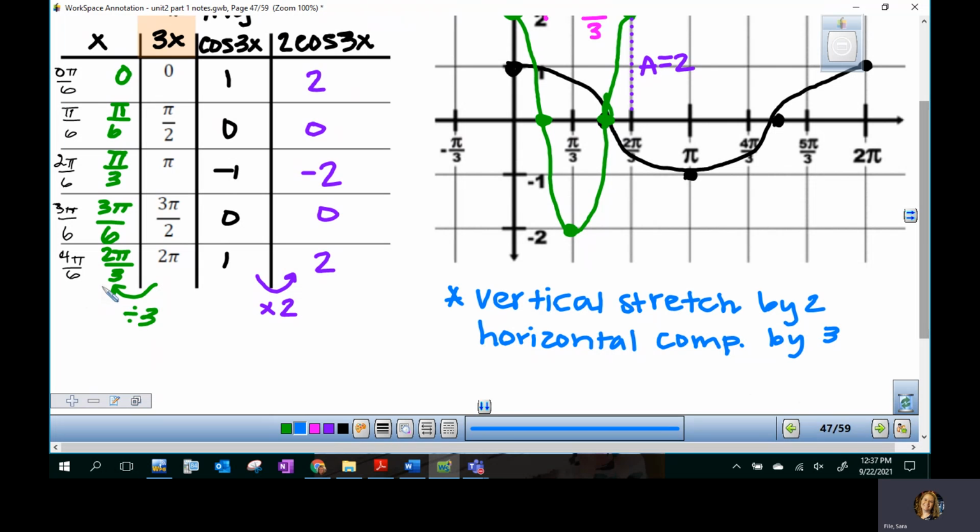We had to divide horizontally by 3. We had to multiply vertically by 2. So notice in your table, as you go to the right, you're affecting the y values vertically. Going to the left, you're affecting the x values horizontally.